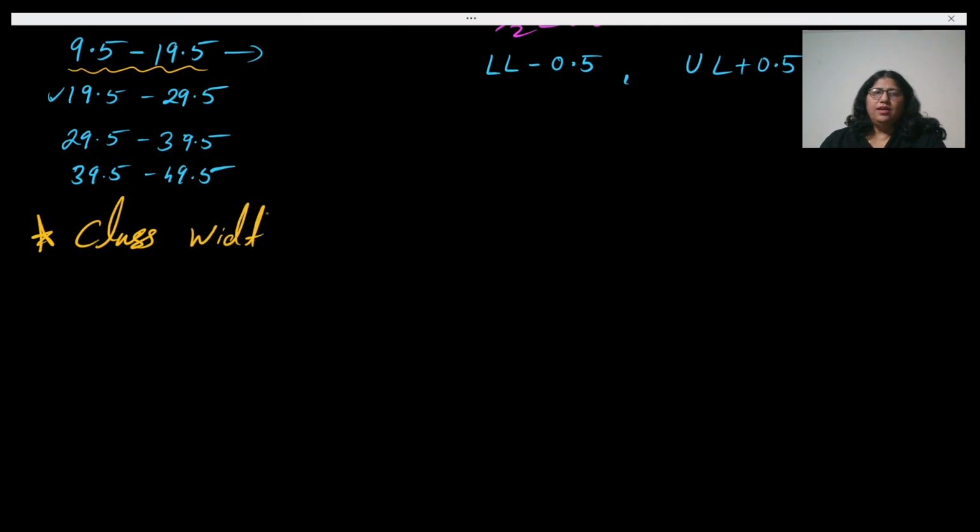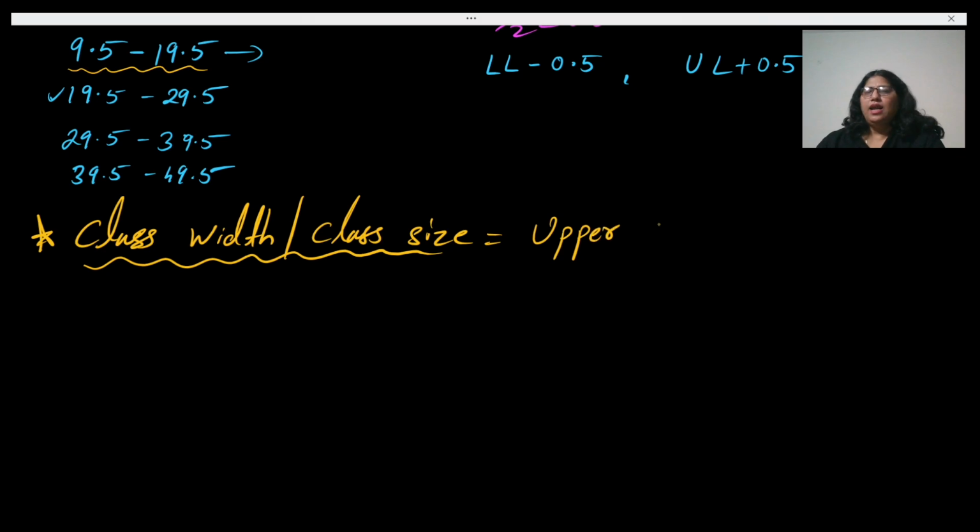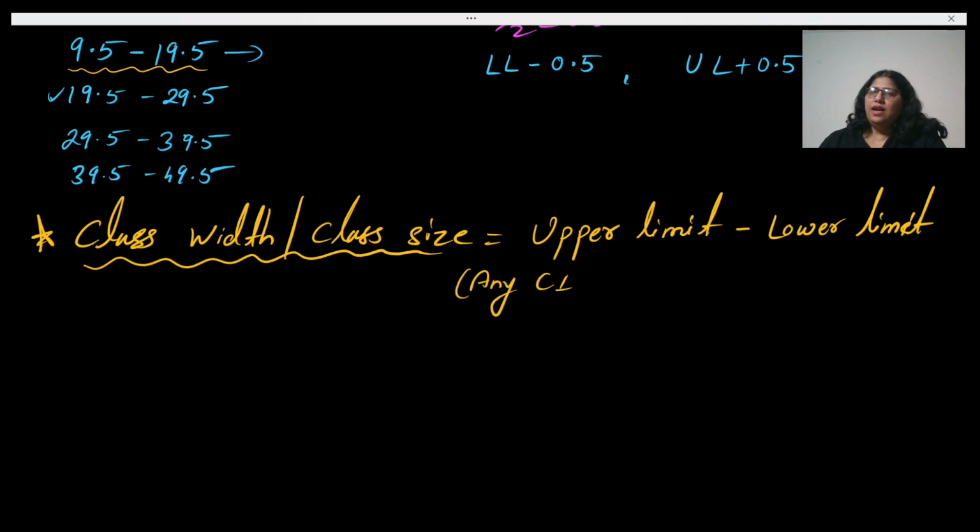Class width, or sometimes called class size, is always taken as the upper limit of any class minus the lower limit, because you are talking about a uniform class width. So it is the maximum value minus the minimum value of any class interval.